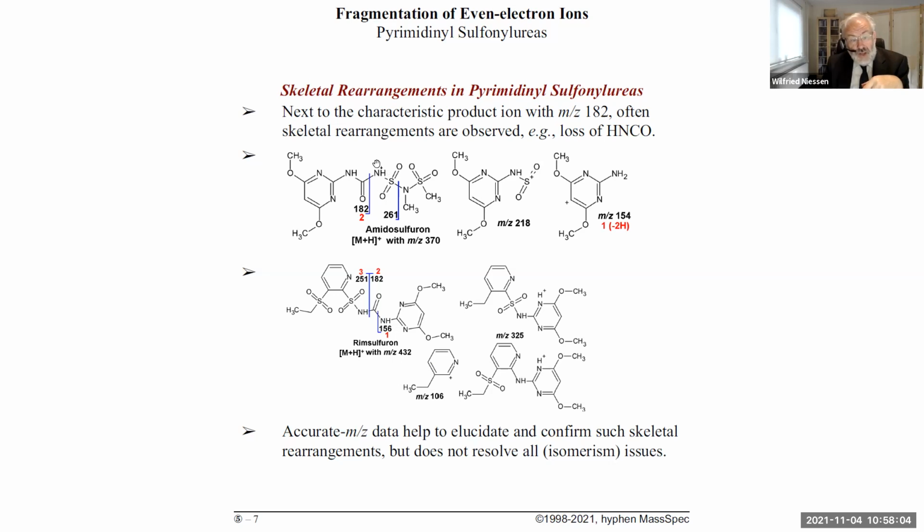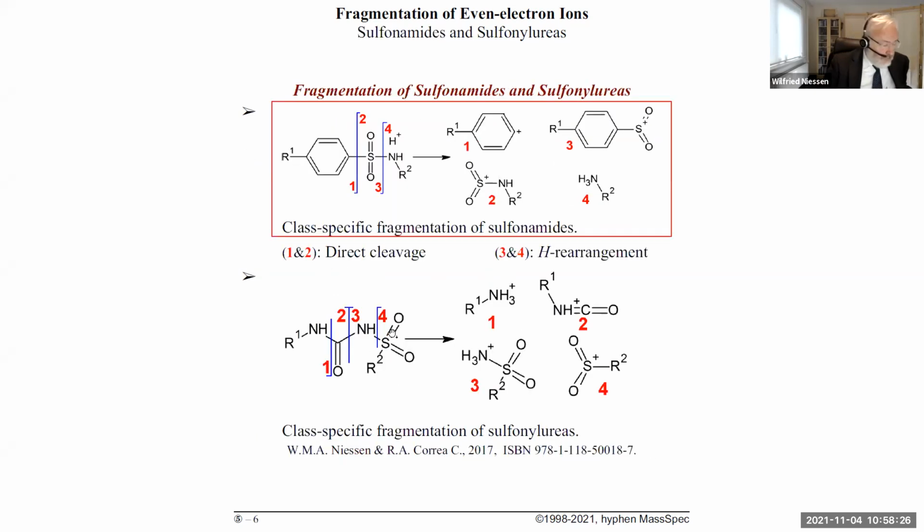So you actually have a skeletal rearrangement where the nitrogen is combined with the sulfur, and you see the loss of the HNCO either from this or that. Of course, I can't tell. And that's something which we see quite often in these type of structures.